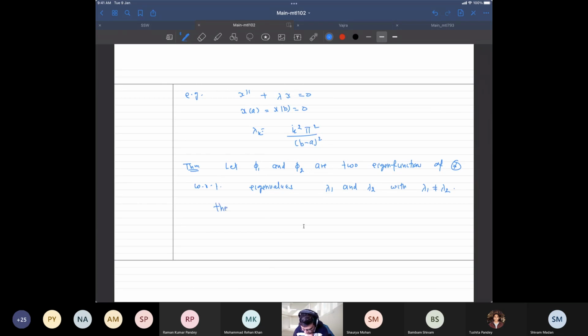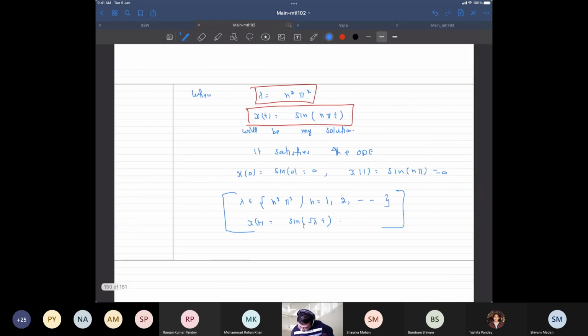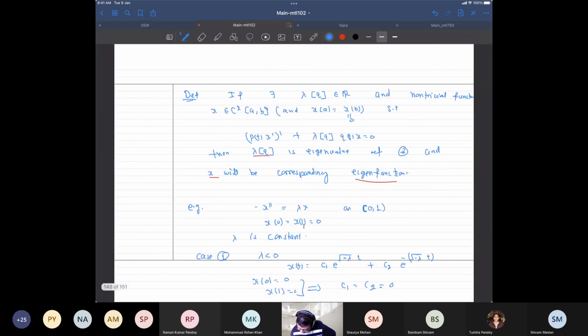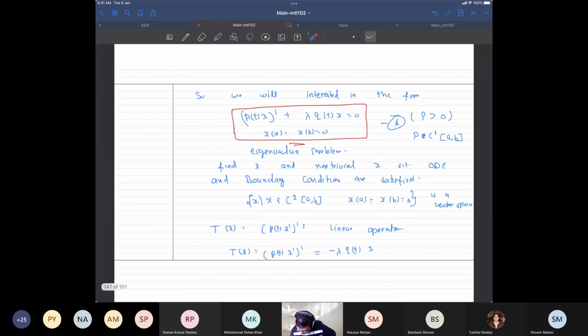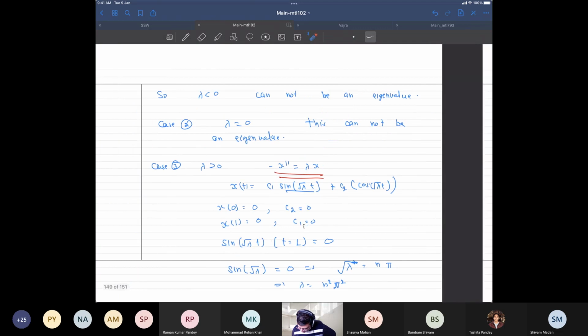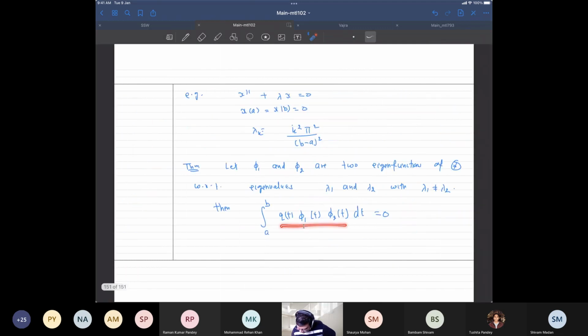Then integral a to b of q of t phi1 of t phi2 of t dt is equal to 0. Note that if you go back to the problem and assume that q is positive, so far I have not assumed that, then this kind of integral is nothing but an inner product.